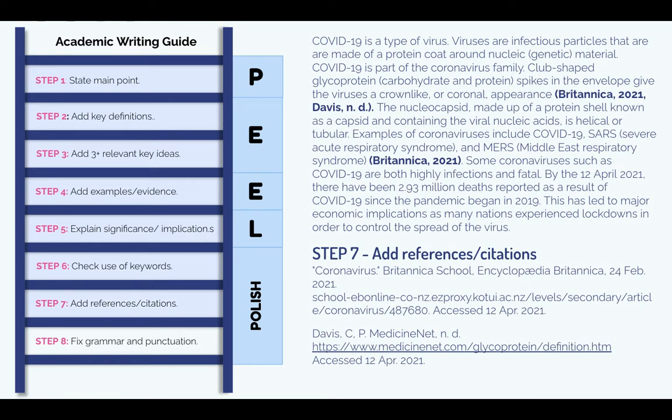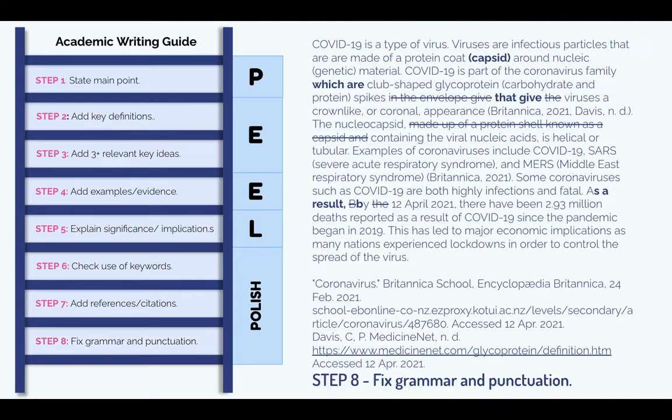Next, I added my references and citations. All of the research that I did for this paragraph came from these two sources. I then went in and showed in the paragraph where I used them. You might be interested to know that ND here stands for no date provided. This is the appropriate formatting for no date provided using APA referencing.